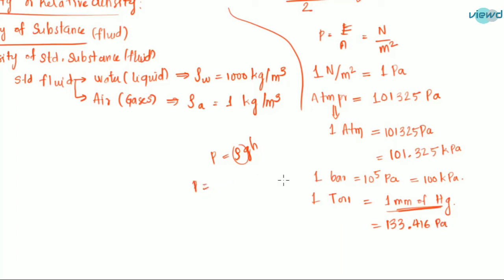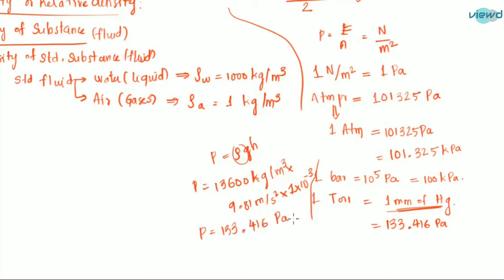P is equal to rho g h, where the density is 13,600 kg per meter cube, into acceleration due to gravity 9.81 meter per second square, into height 1 mm, which is 10 power minus 3 meters. If we calculate it, this gives us 133.416 Pascal or Newton per meter square.